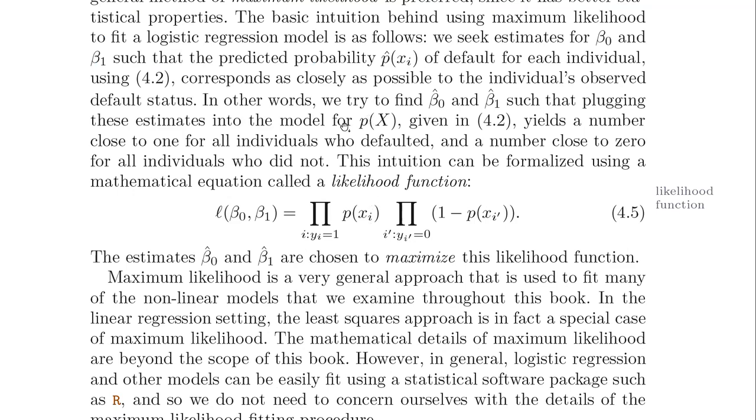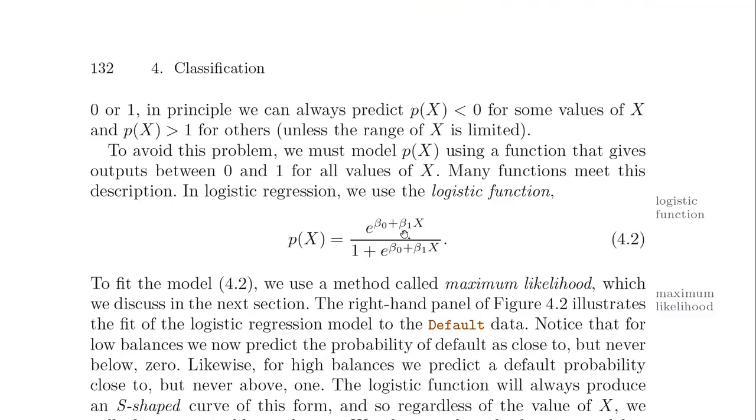And what is p of xi? Well, I would imagine it's this, but you substitute. So for each observation, you plug in the characteristics of that observation. And in this case, we're only working with a single predictor variable, the balance on each borrower's credit card.